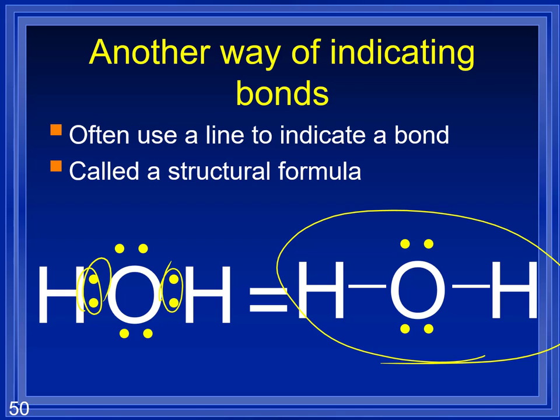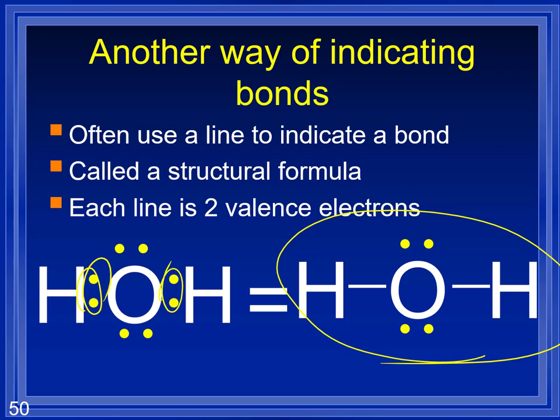Now, only thing we got to be careful of is we got to remember that when we count, a line counts as 2. You can only use lines for bonds. You can't use them for those lone pair, I think they called it in the reading guide. Okay.